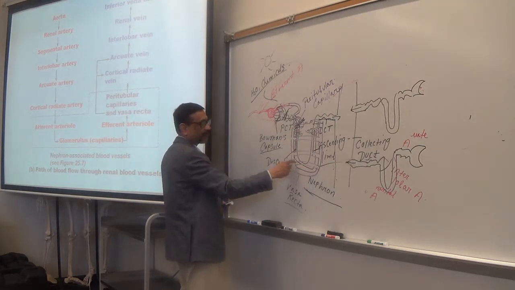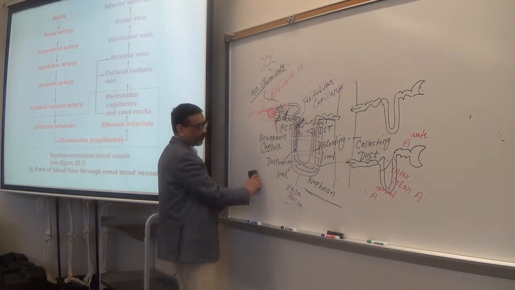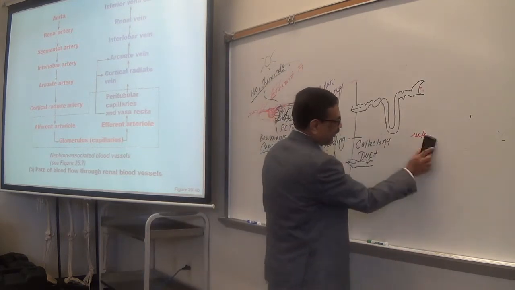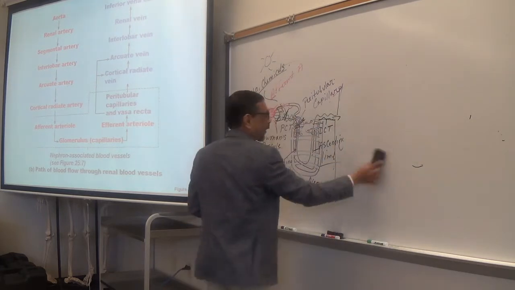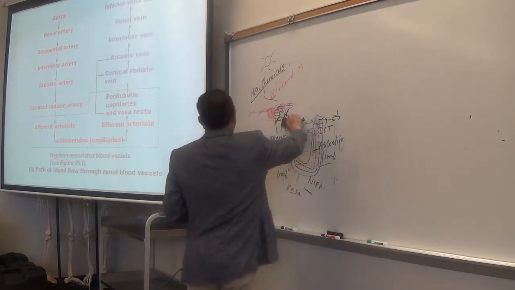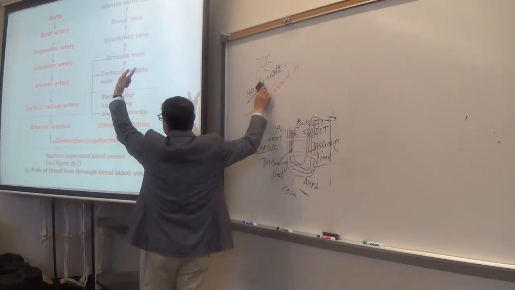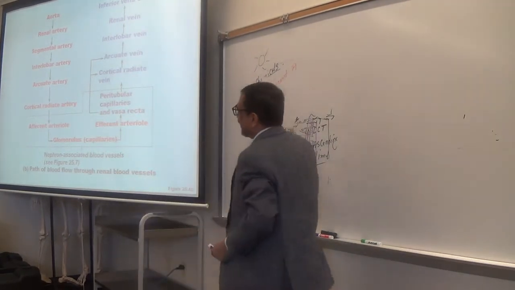This is very important. Okay, we'll talk about that. So now you know there are 3 sets of capillaries in the kidney, and then blood enters into the vein, and veins are opposite.